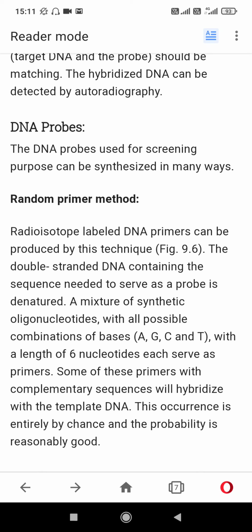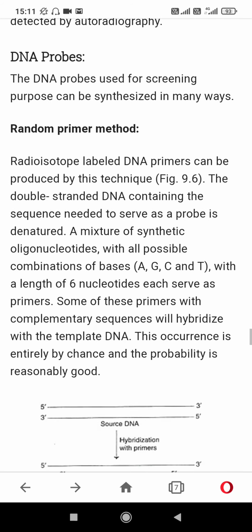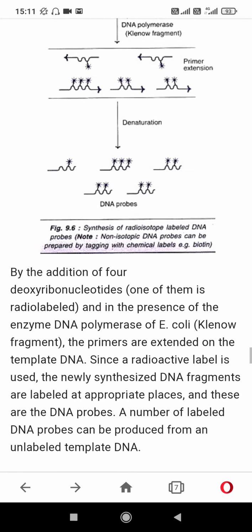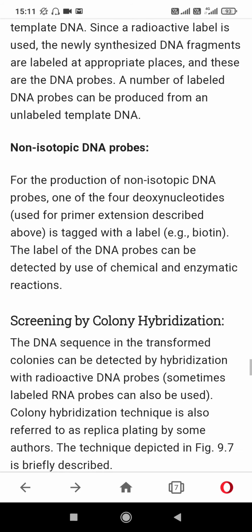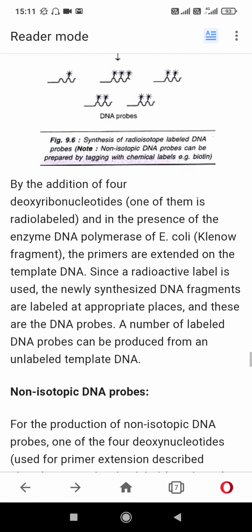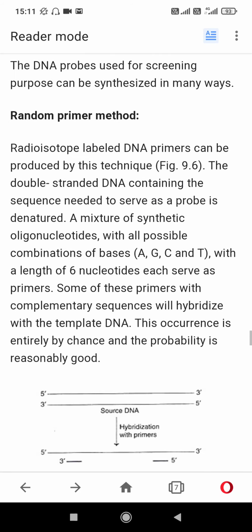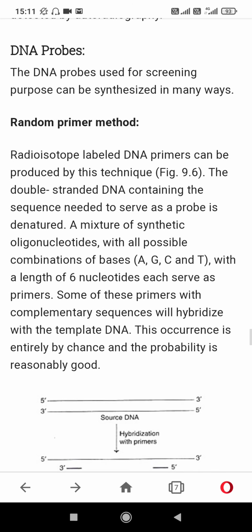Here they are talking about how you can make a DNA probe. Then again we will get a screening process. So what is a DNA probe? DNA probes used for screening purposes can be synthesized in many ways. Let us see. Random primer method.